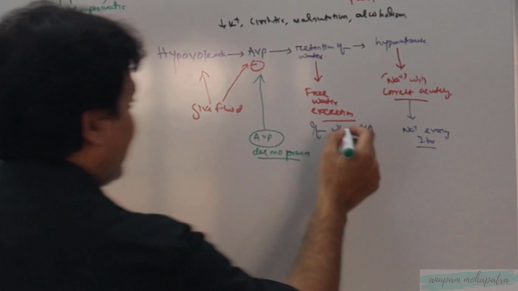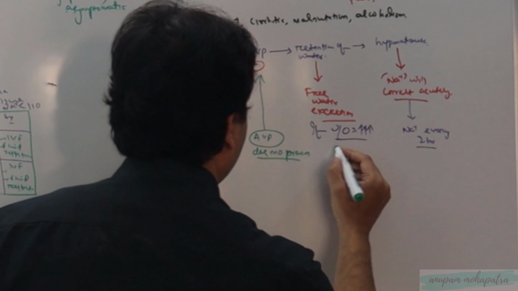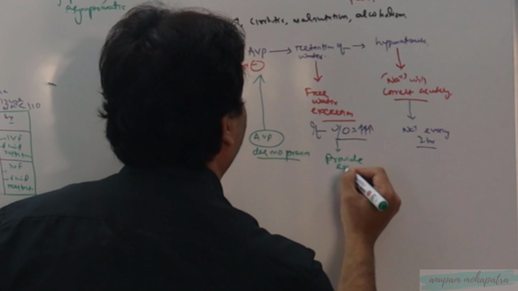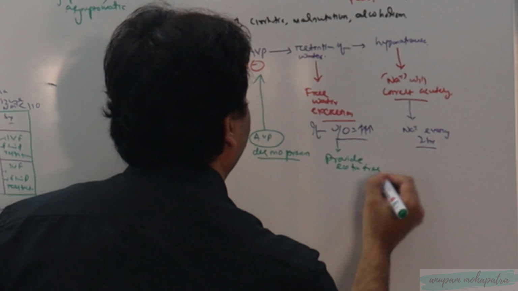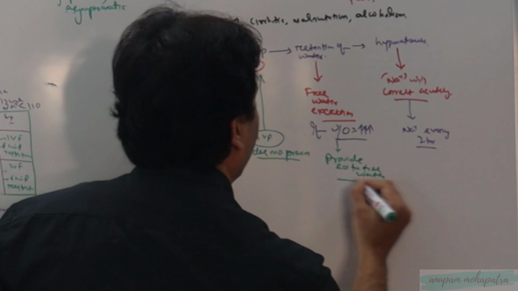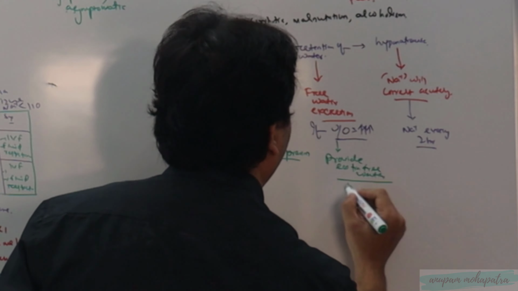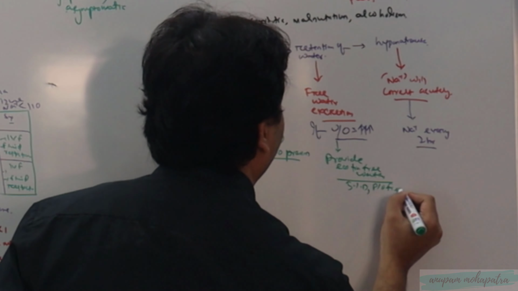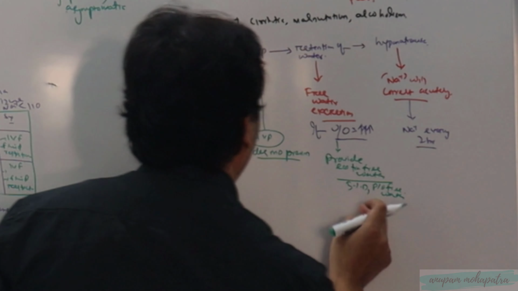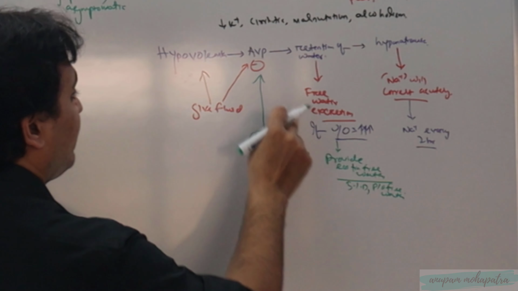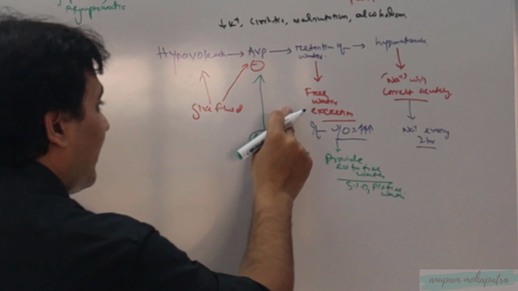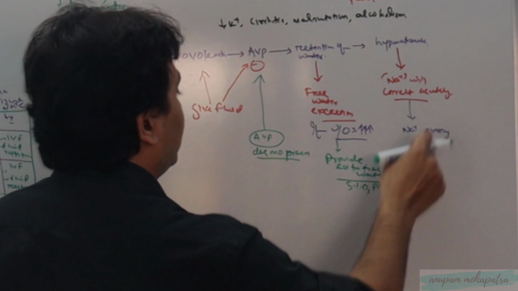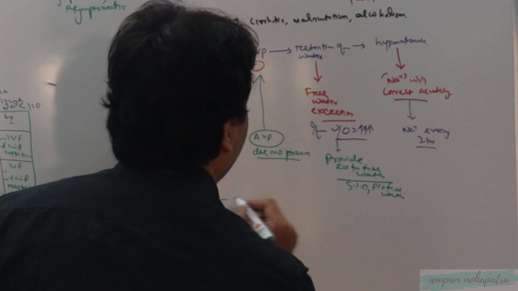If urine output is increased, there is free water excretion, you can provide extra free water. Right? 5% dextrose or PO free water. By doing this, what will it do? The free water excretion will not be accelerated and the sodium change will not be very rapid. Right? So these things we have to take care of.